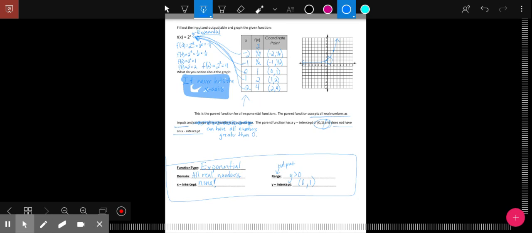So we're going to have f of 2. It's going to equal, instead of 2 to the x, it becomes 2 squared. And 2 squared gives me 4. So then we'll have the points for -2 and 1/4, -1 and 1/2, 0 and 1, 1 and 2, and then 2 and 4.